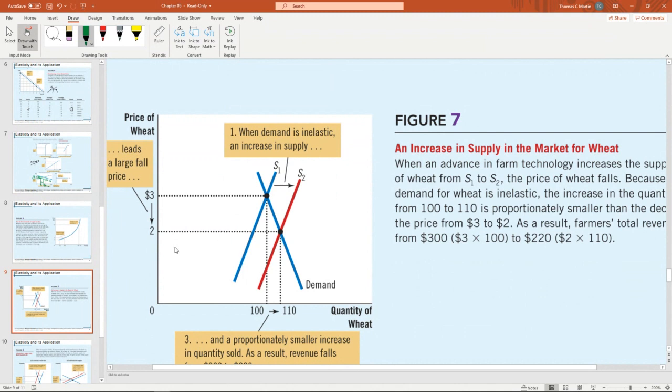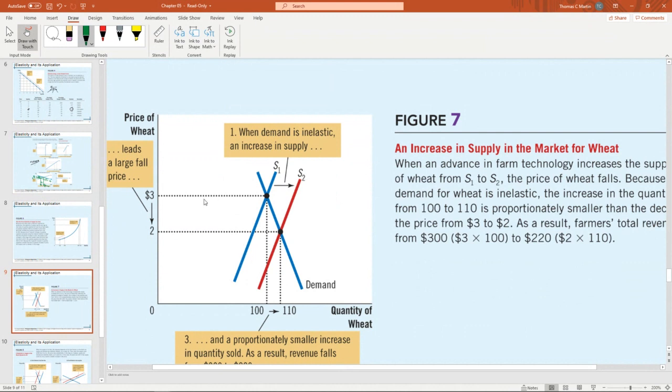They give an example. One of the things that I read, they were asking if new technology in the production of wheat increased the yield by 20%. Is that good or bad? And that's what you're seeing here.